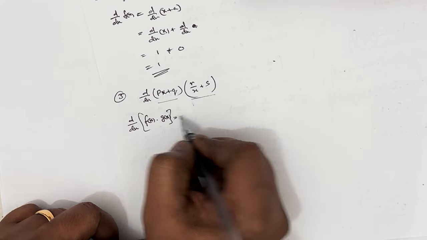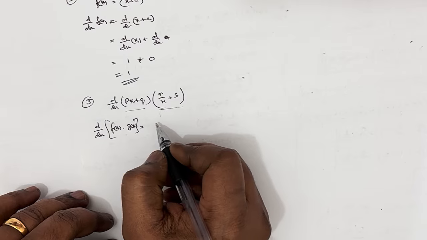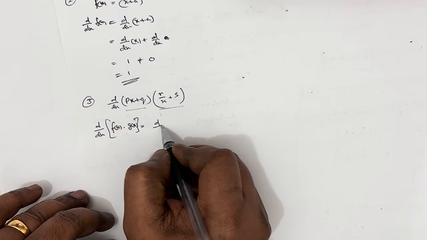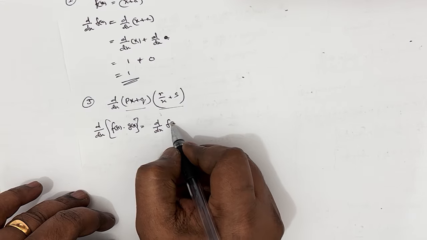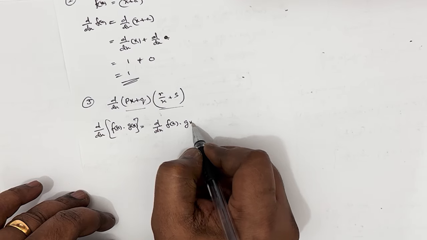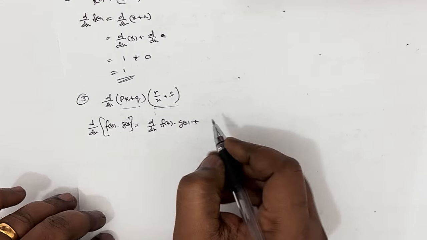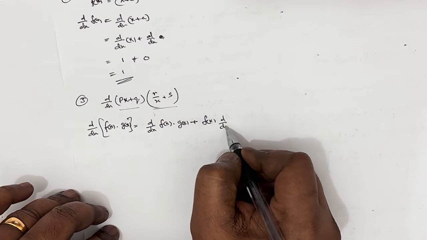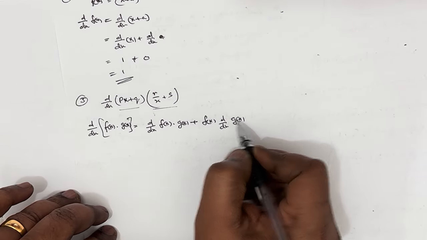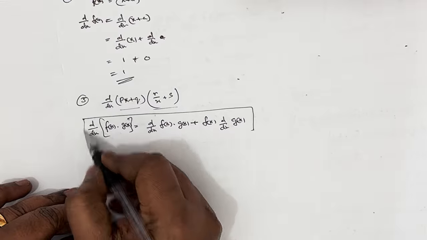There's a formula: d by dx of the derivative of the first function multiplied by the second function, plus the first function as it is and the derivative of the second function. This is the formula.